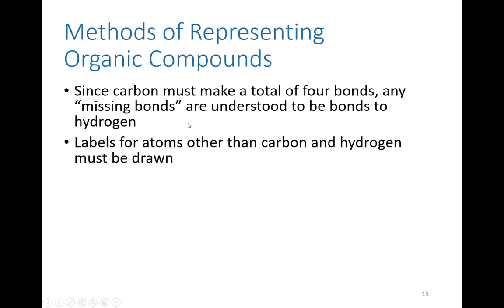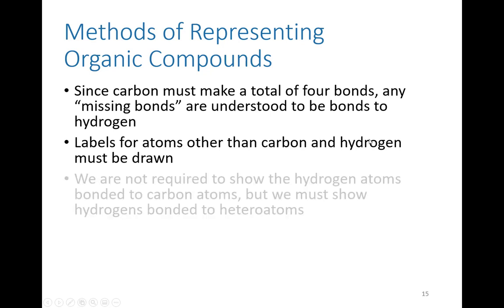Now, we do draw labels for all the other atoms, including nitrogen, oxygen, phosphorus, etc. And we also are allowed to draw in carbon and hydrogen. They just are not required when we're drawing a skeletal structure.